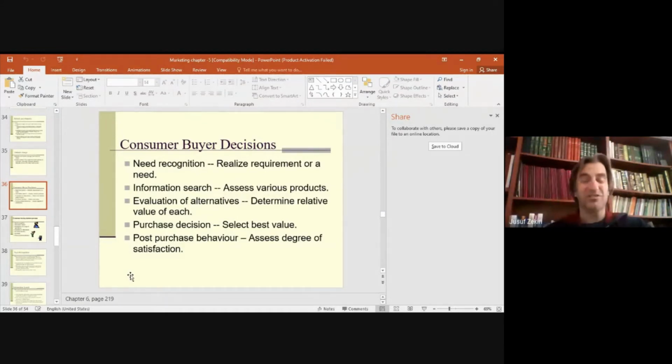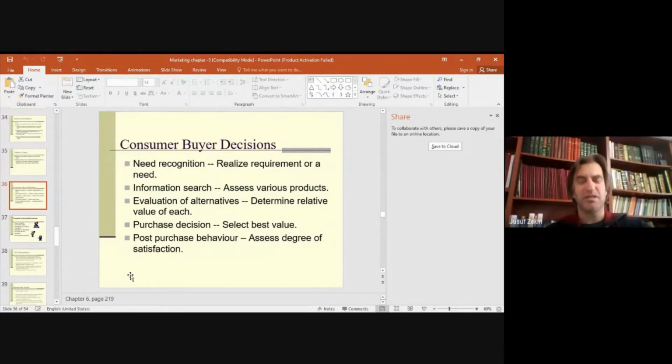Here, the factor time would exclude going to a restaurant, and then maybe the buying power. Let's say today you have spent all your money, and only a few coins are left in your pocket. Then you might go to get a burek with yogurt, etc. So this is the third phase, which is called evaluation of alternatives, and then you do the purchase decision.